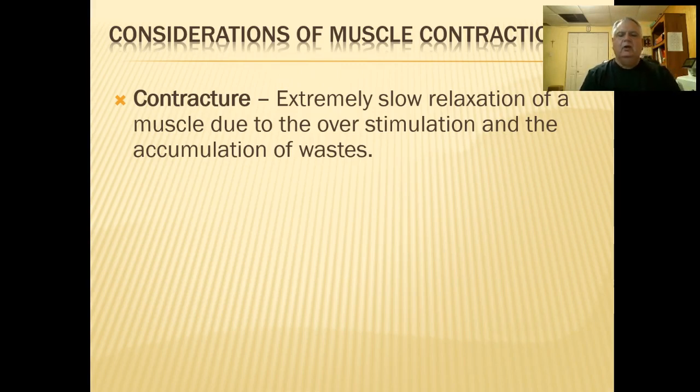So remember, in order for a muscle to relax, the actin has to slide back over the myosin. But if we stimulate the muscle over and over and over again, what can happen is we can accumulate waste products inside the muscle fibers, inside the myofibrils.